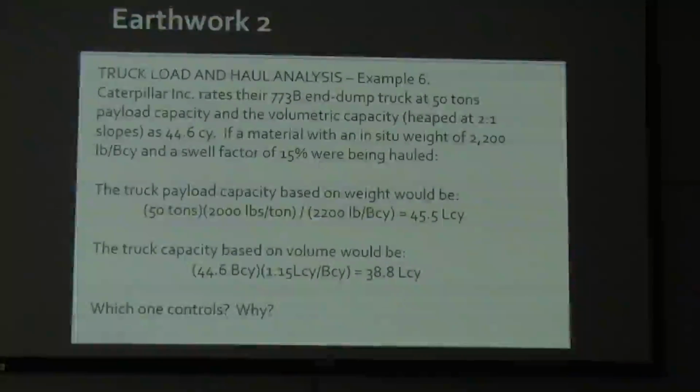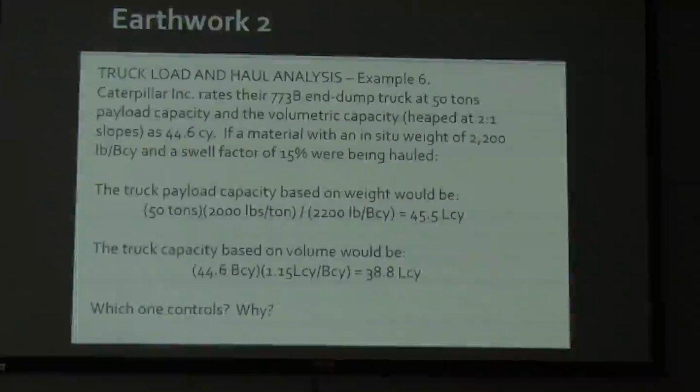The truck payload capacity based on weight would be 50 times 2,000 pounds per ton divided by 2,200 pounds per bank cubic yard, or 45.5 loose cubic yards based on tonnage. The truck capacity based on volume would be 44.6 bank cubic yards times 1.15 loose cubic yards per bank cubic yard, which equals 38.8 loose cubic yards. Again, which one controls?